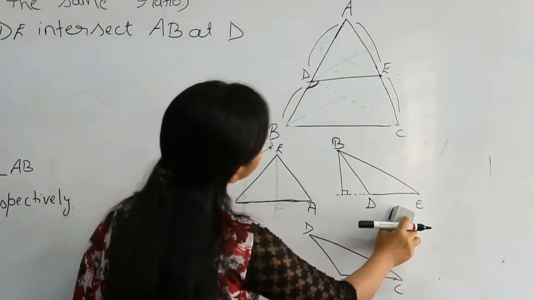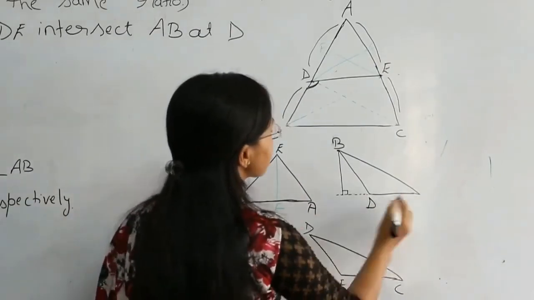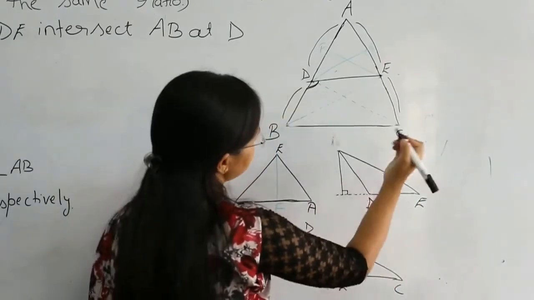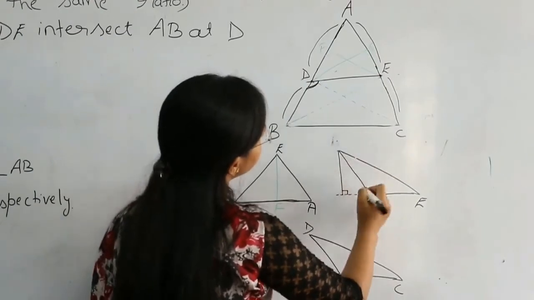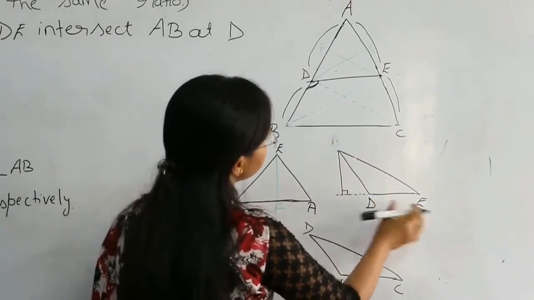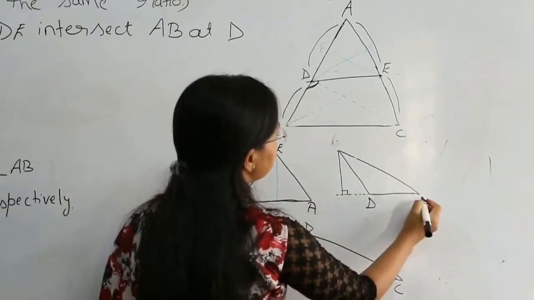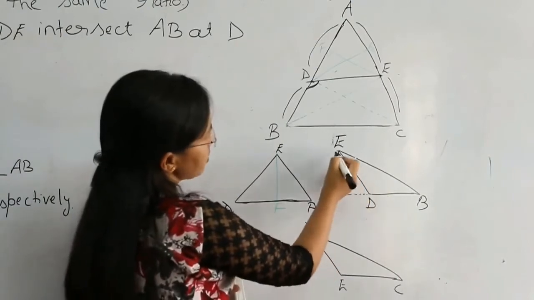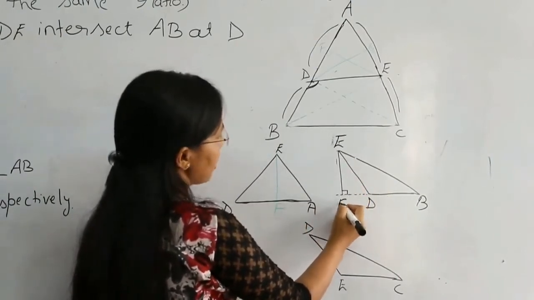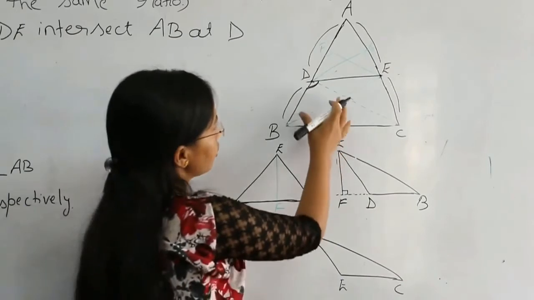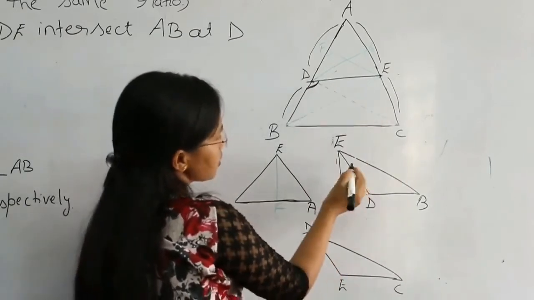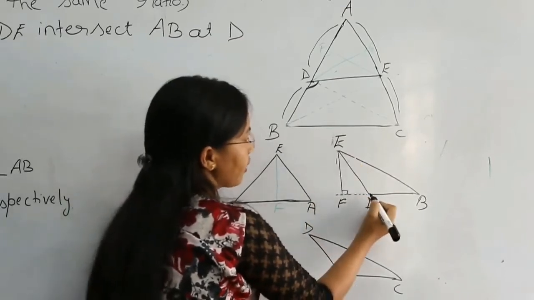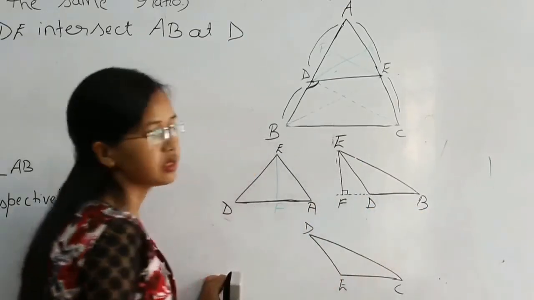Let us change this to E and this one to D. Sorry, this is D and this is E. You drop this perpendicular here and we name this as F. You only have to interchange this way so that we can see clearly what the height is. So this is the height BF and this represents the base DE.